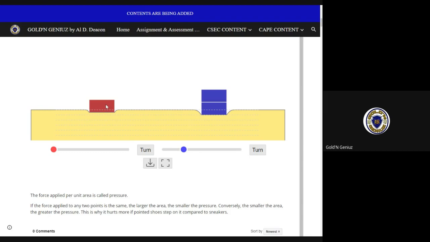So if this is applying force, let me ask a question in the activity. So pressure equals force divided by area. You know that.